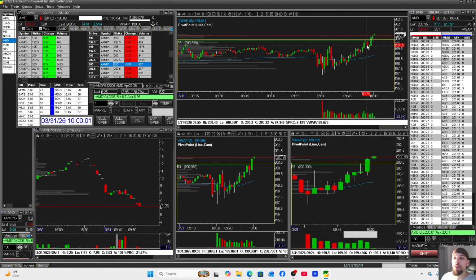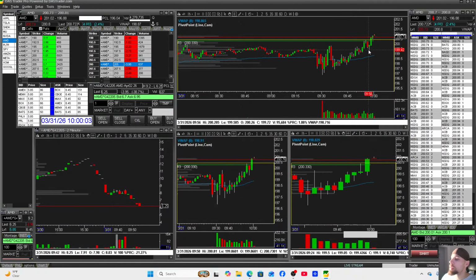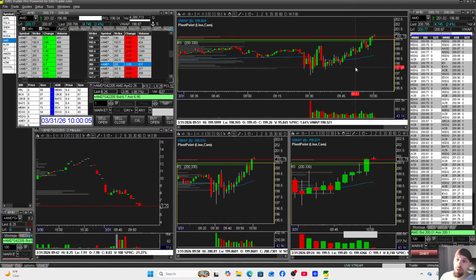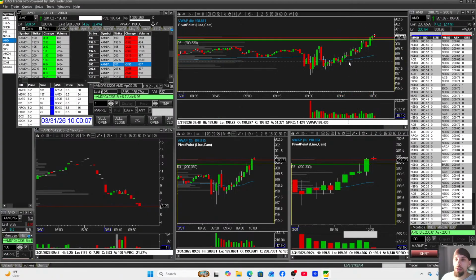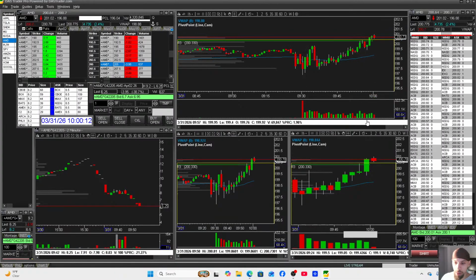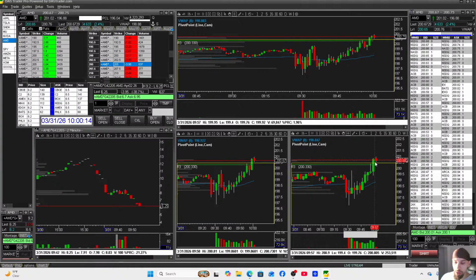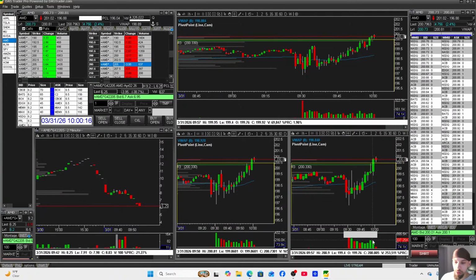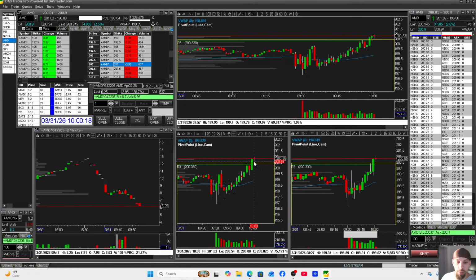No confirmation yet. Try the reversal here on AMD. Volume's picking up as it's still moving up. 3 minutes, big green candle. Volume's dying off a little bit, but very bullish candle.